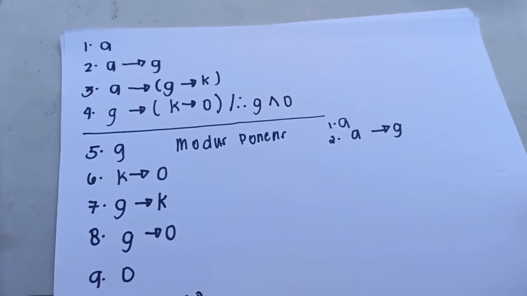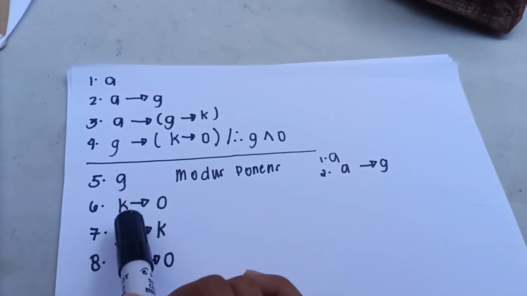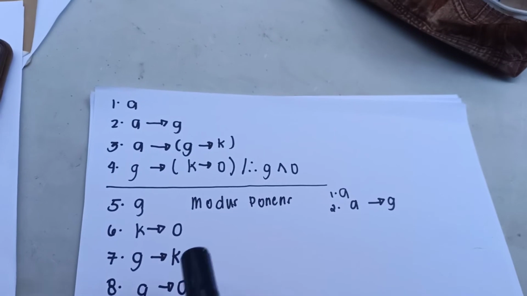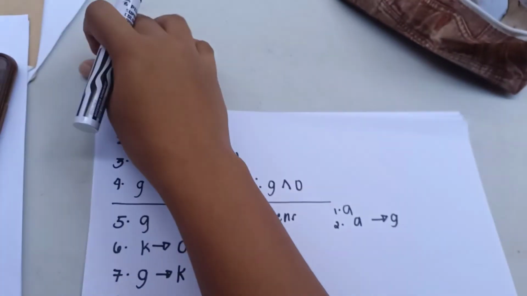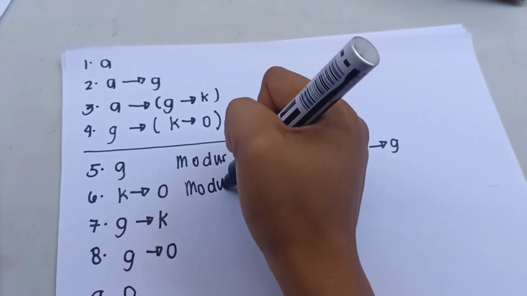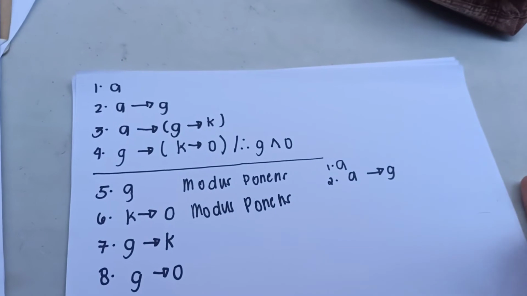So, let's proceed to number 6. K implies O. So, it is a conditional statement also. The rule we use here is modus ponens again. So, paano na naman naging modus ponens ito?